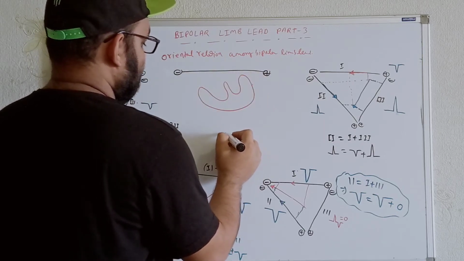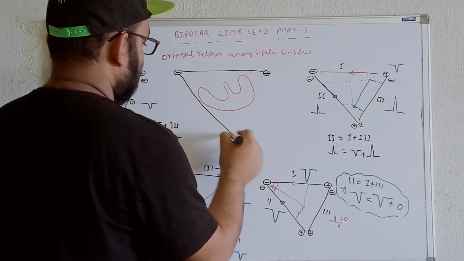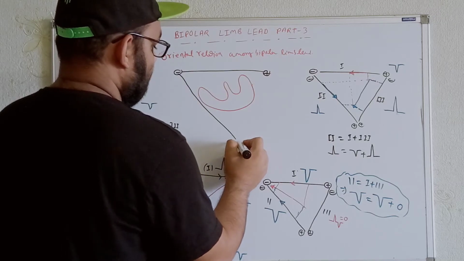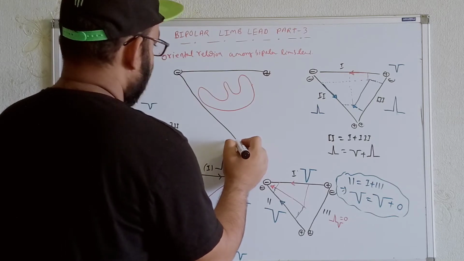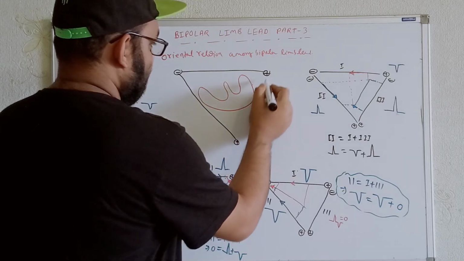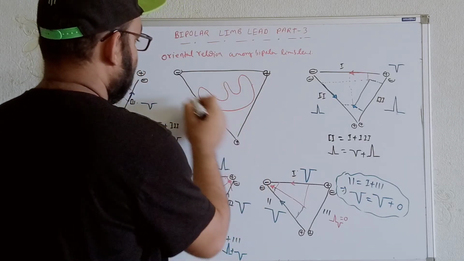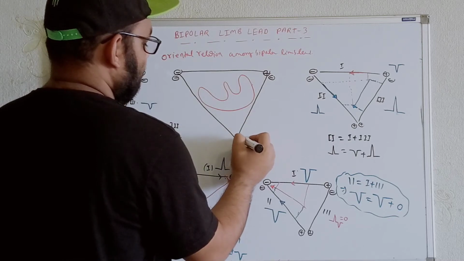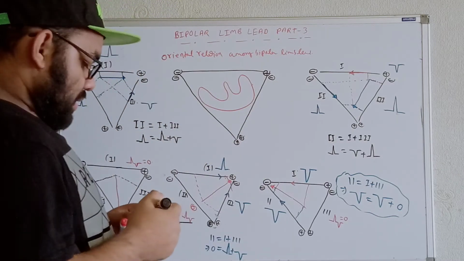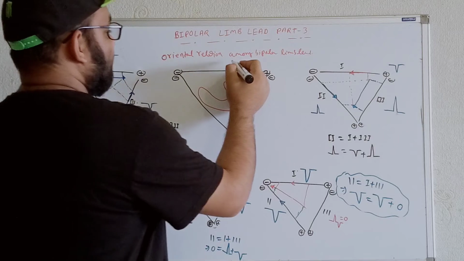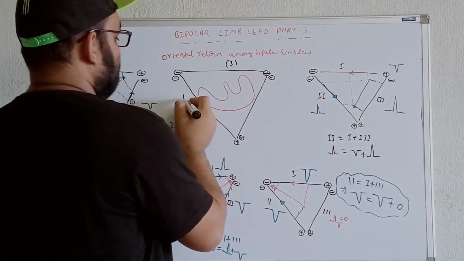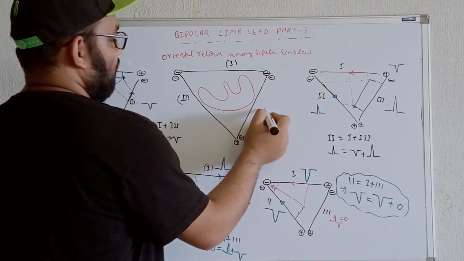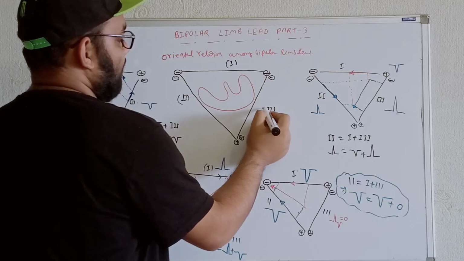For that, let's draw. We'll get positive over here, and definitely negative over there. Lead number 2, negative, and we'll get positive over here. Now try to understand from here. It's lead number 1, lead number 2, lead number 3 over here. No problem understanding up to this much.